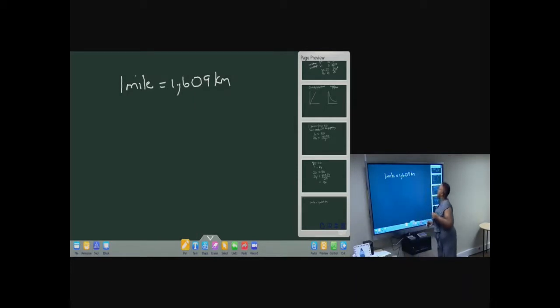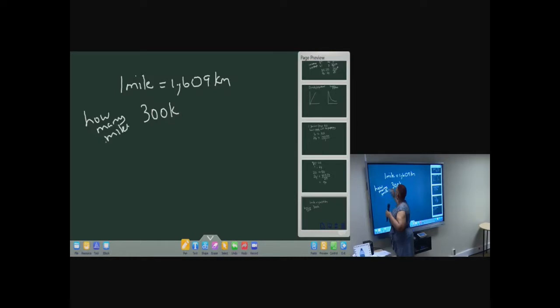Then you are asked, how many miles is 300 kilometers? I have said, you look at what you are asked. They want what? They want miles. How many miles? Then you go to your given statement.